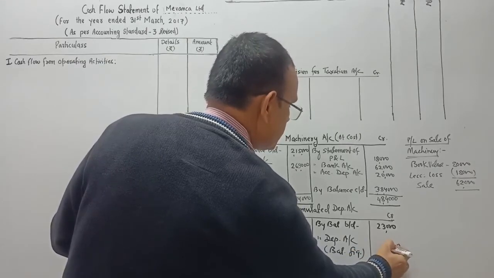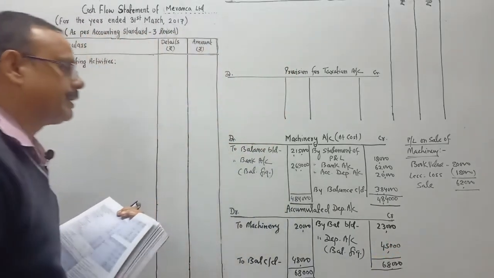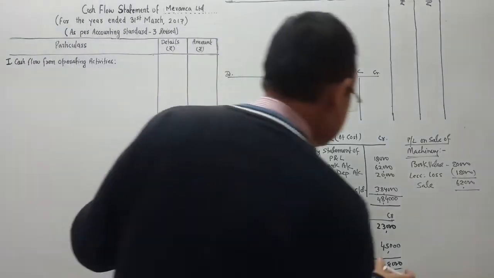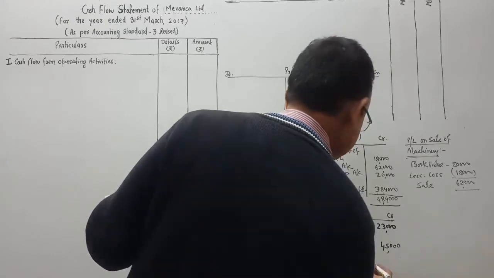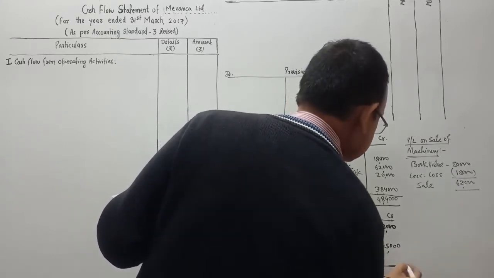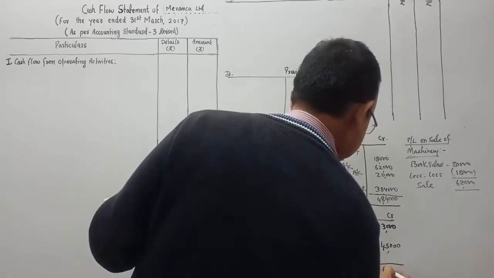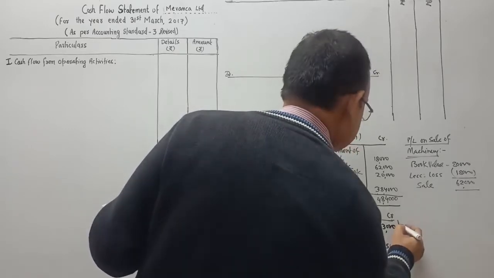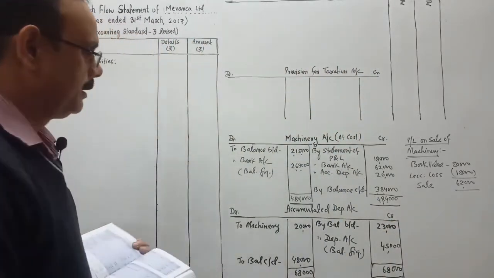So 45,000 is the depreciation charged during the year. Is it clear? This is the difference amount, indicating the depreciation charged during the year. Okay.